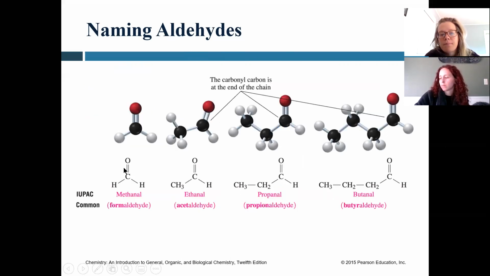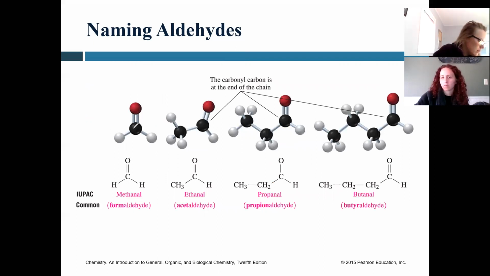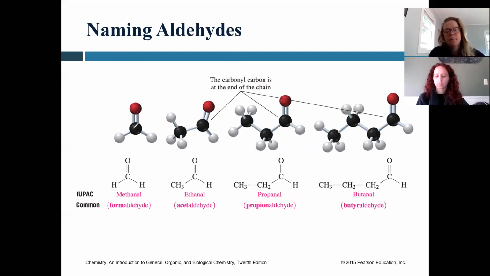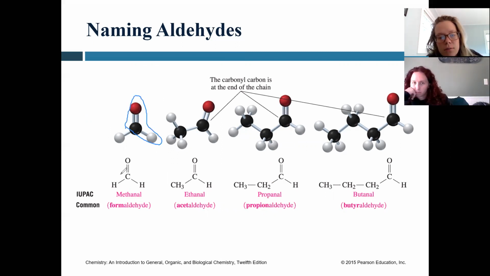So here's a single carbon, and there is the double bond, and then there's the hydrogen. We call this methanal. This is also commonly known as formaldehyde. If we have a 2 carbon chain, ethanal, AL. 3 carbon chain, AL at the end, propanal.